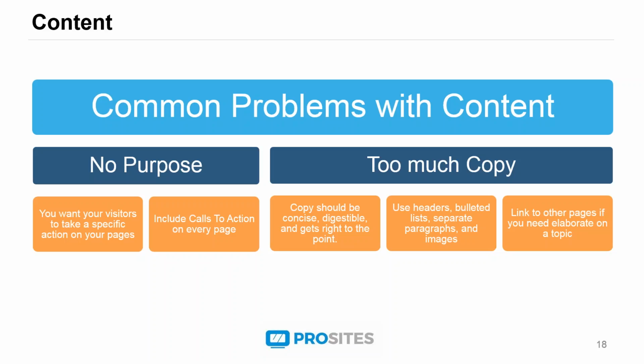So one thing that you want to do is first condense it to make sure that it's very specific to the page and very specific to a topic, which, by the way, is very important in SEO as well. And making it digestible by using bulleted lists, separating paragraphs, using images, pretty much breaking up that wall of text that makes it easier to digest.